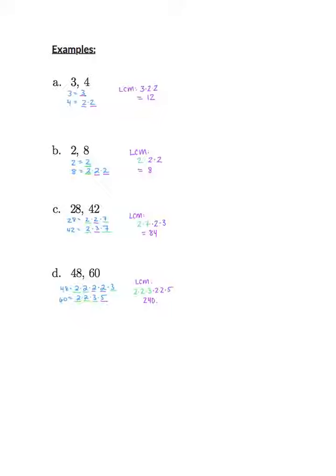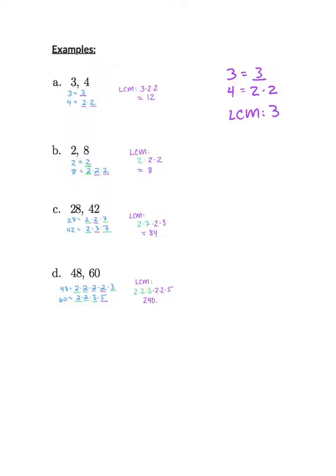The second method that you can use is, instead of looking at what do they have in common and what do they not have in common, what you can do is start with one of the numbers. For instance, if we look at 3 and 4, what we're going to do is, in our LCM, start with the factorization for one of the numbers, for instance 3.